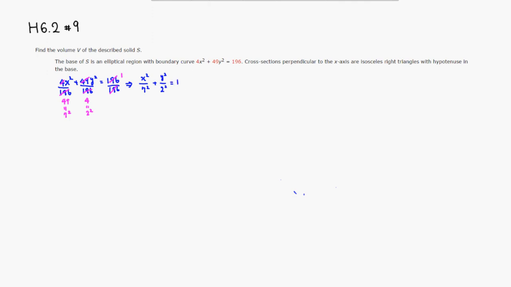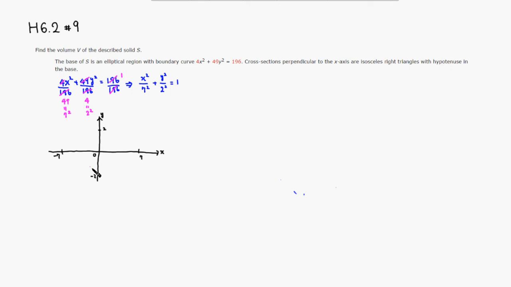Alright, so we get to sketch the ellipse here. So here's the x-axis, and here's the y-axis. And it's going to go through -7 and +7 and -2 and +2 there.